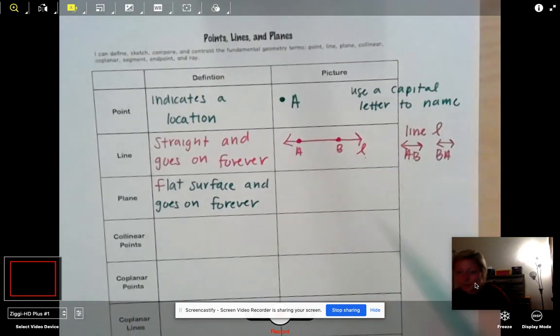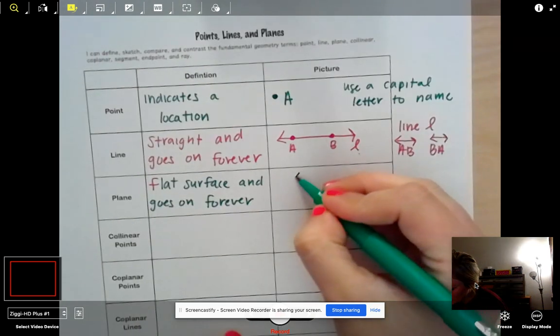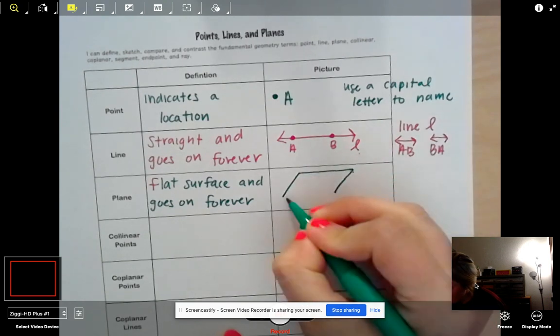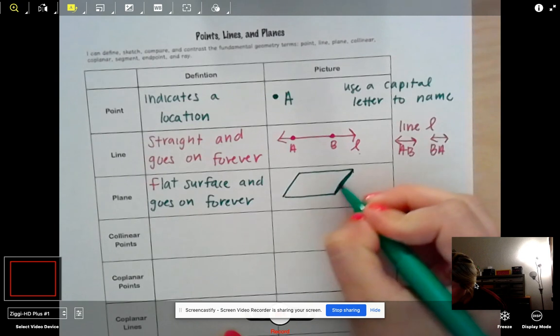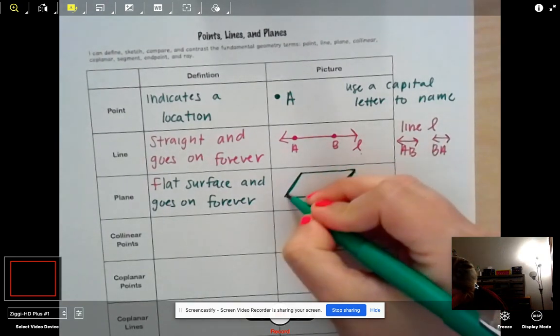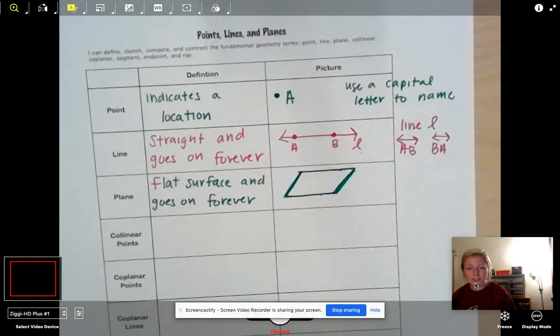It's like a rectangle, but we slant it a bit. So it's not straight sides, but for our plane, we kind of slant it like this. Do you guys see how it's not straight up and down? So that would be our plane here. This is representing a flat surface.